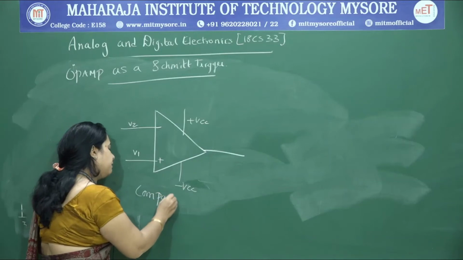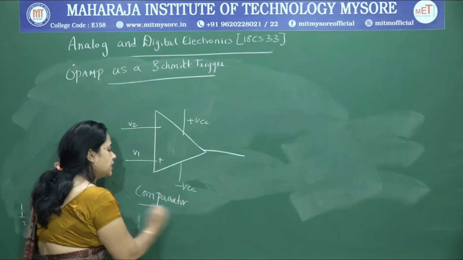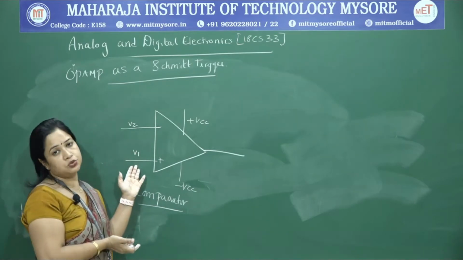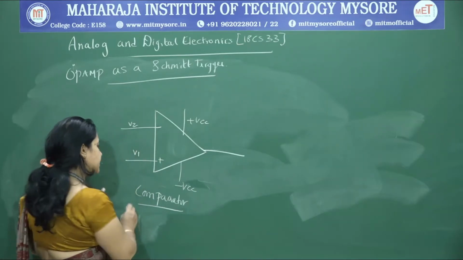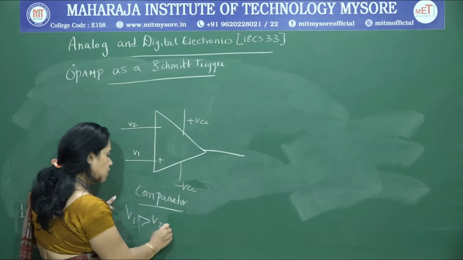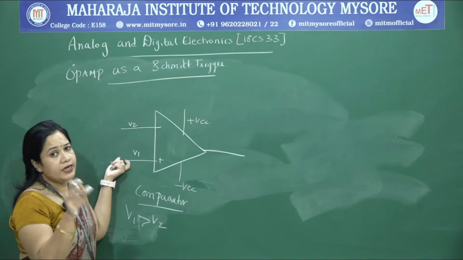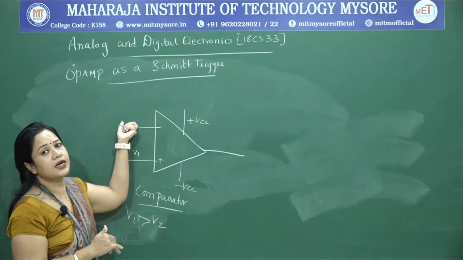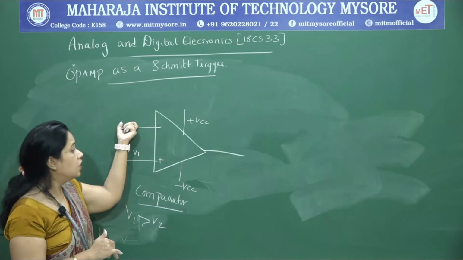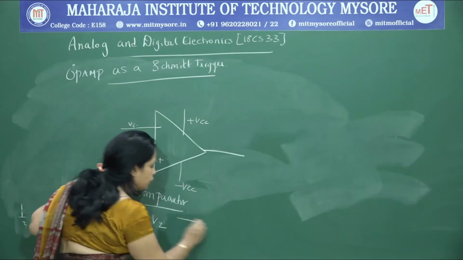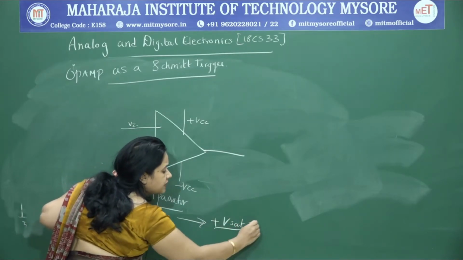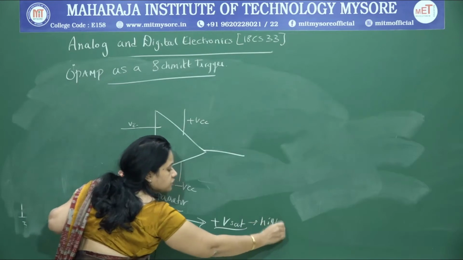So what do you mean by comparator? A comparator is a circuit which compares between two values. So here the two values are the two inputs. So when V2 is greater than V1, the voltage at the non-inverting terminal is greater than that at the inverting terminal. As a result, the output is driven to positive saturation and you will see a high voltage.